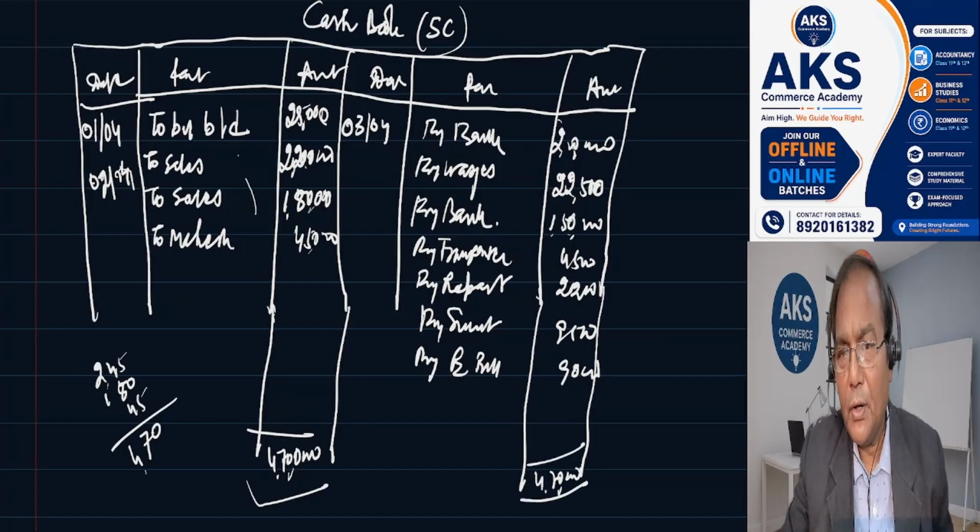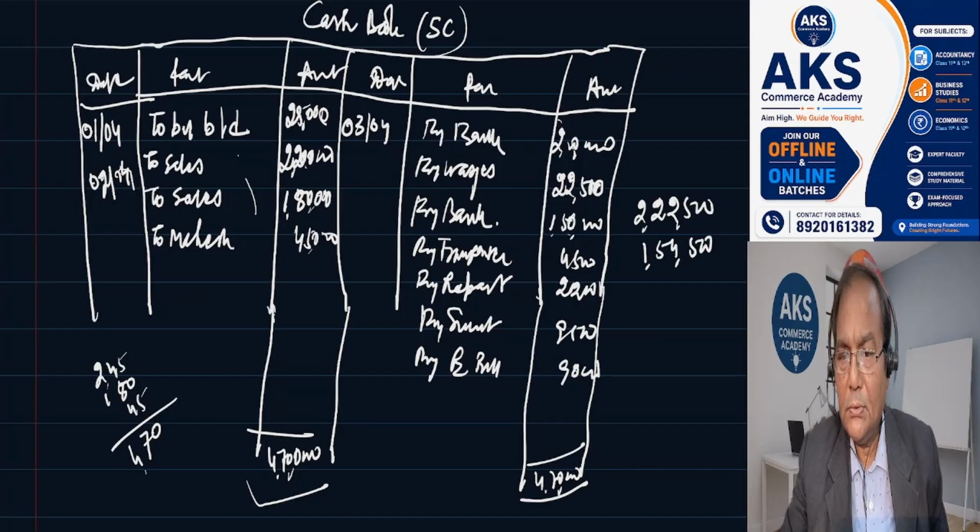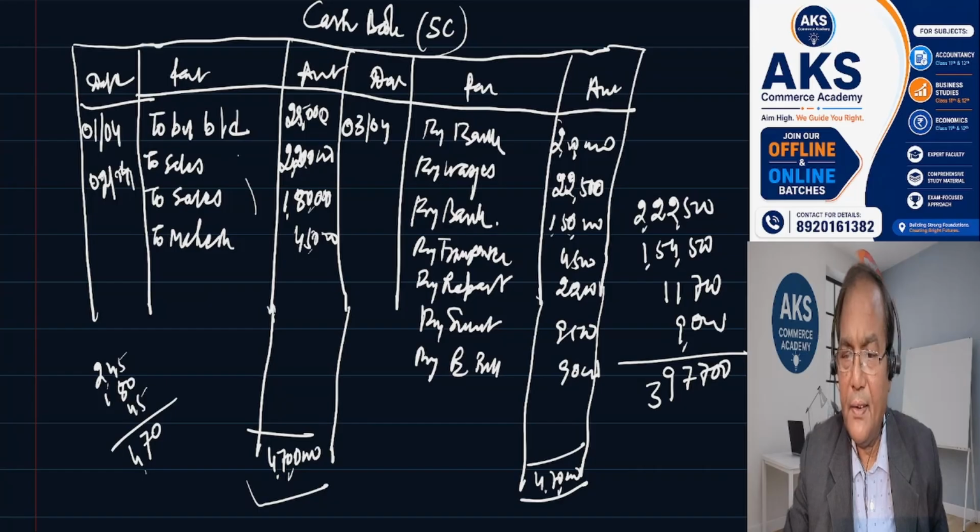And what is the sum total of this? 2 lakh 22,500. 1 lakh 54,500. Then 2,200, 11,700 and 9,000. So the total is 3,97,000.